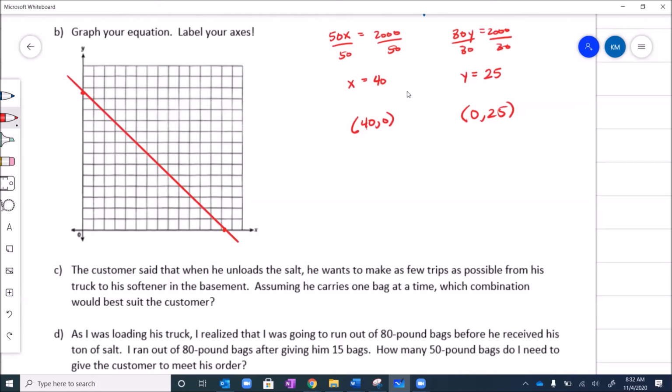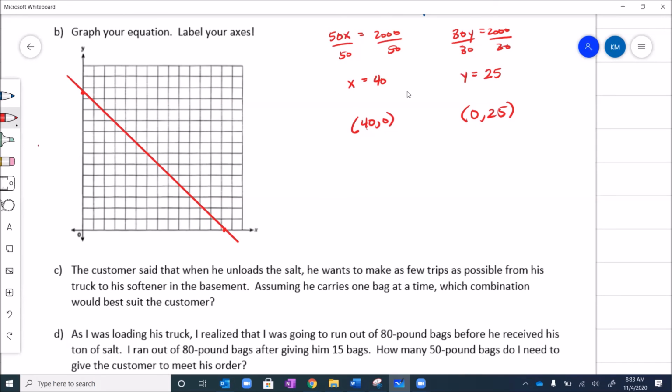Okay, it says the customer said that when he unloads the salt, he wants to make as few trips as possible from his truck to his softener in the basement. Assuming he carries one bag at a time, which combination would best suit the customer? So it seems that if he wants the fewest amount of bags, right, he's going to use the 80-pound bags.